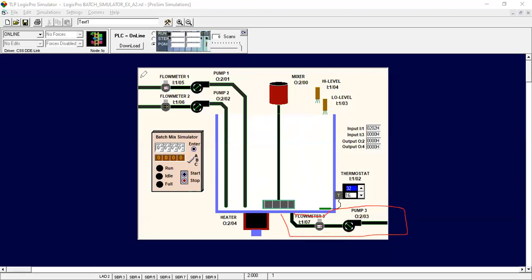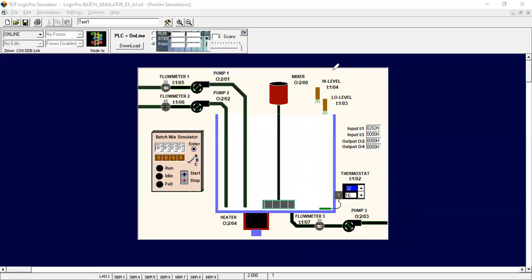This is the incoming liquid way, and this is our outgoing liquid way. In the outgoing line we have one flow meter, which has to be addressed like that. And on the outer side we have pump 3, and the address is given, as you can see.